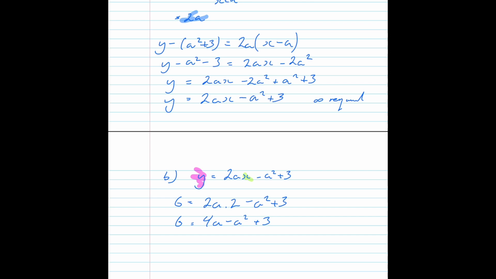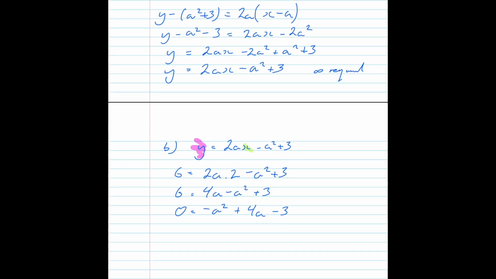Right, this is a quadratic for a. Let's just get it to the normal form. 0 equals, and I'm going to multiply everything by -1, so that it becomes a monic quadratic.